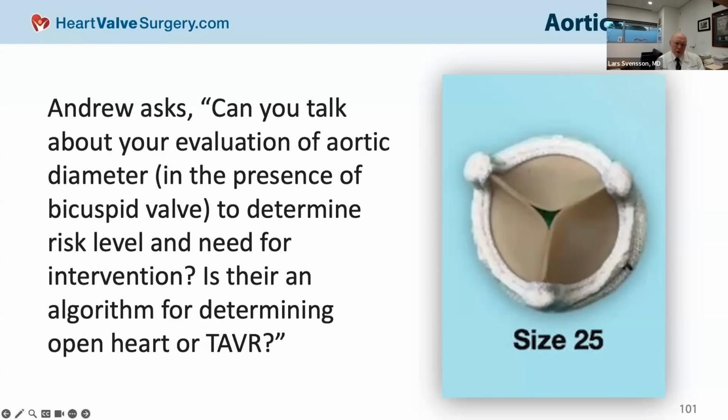Now, I was the principal investigator for the Resilia valve, which became the Inspiris valve for Edwards. And in that study, we had some 689 patients. We've only had 2 failures with the dry storage leaflets for the Resilia valve, one at 5 years and one at about 7 years.